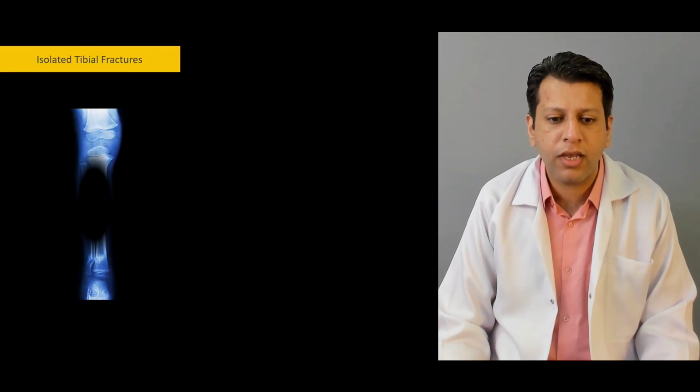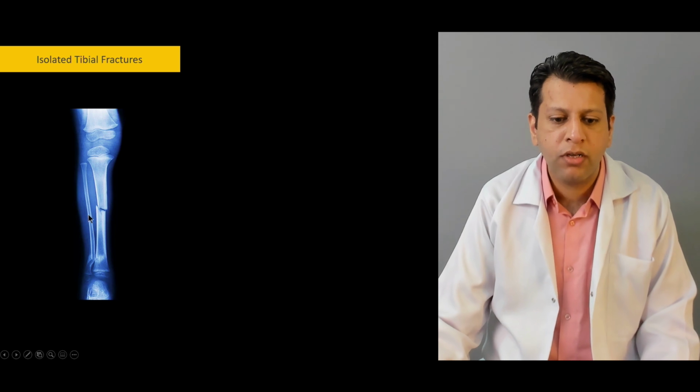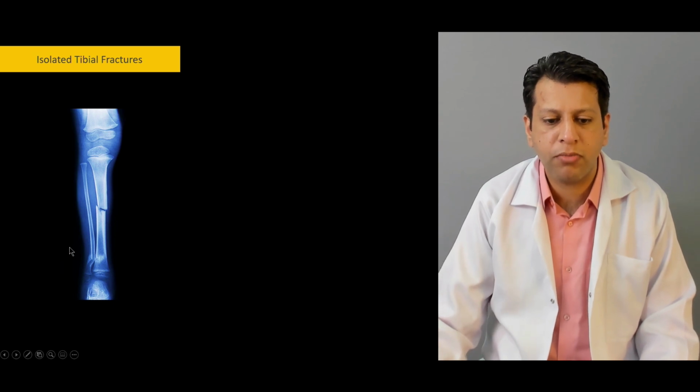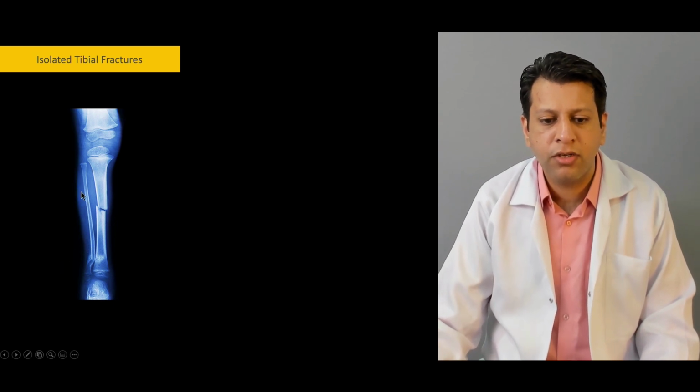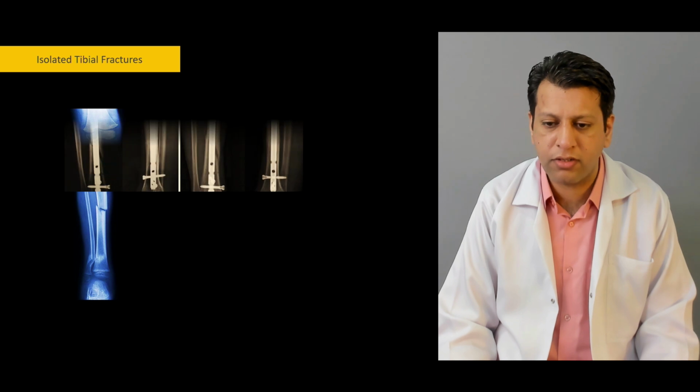If you see this X-ray of a child, both physes are open. You can appreciate a definite greenstick fracture of the distal fibula with a short oblique fracture of the tibia. Probably the force, as you can appreciate from the angulation in this direction, was acting like this, producing a fall of a child leading to this kind of fracture.